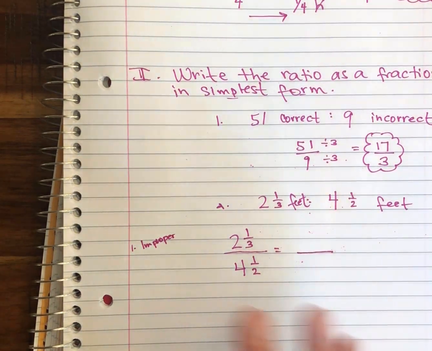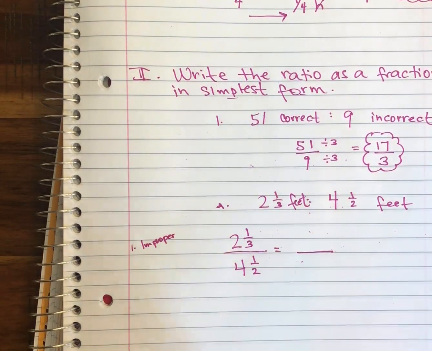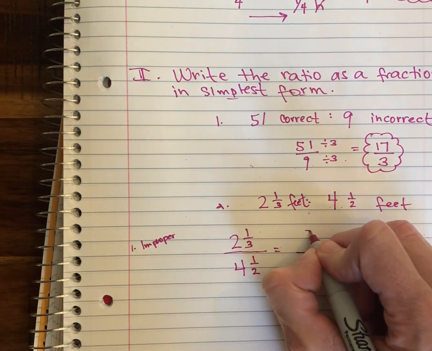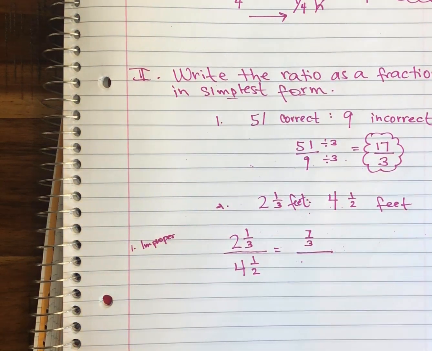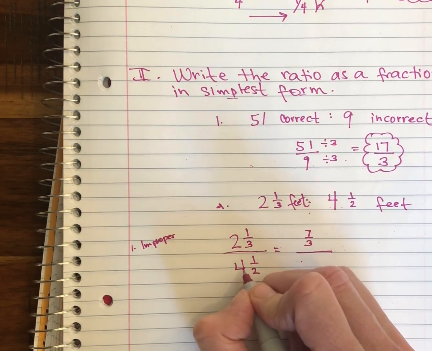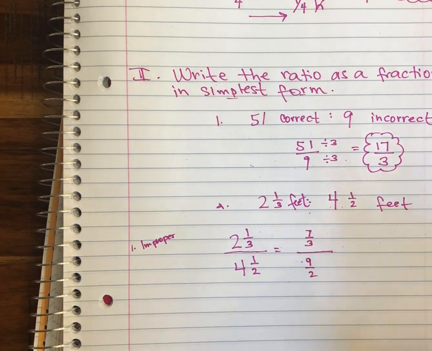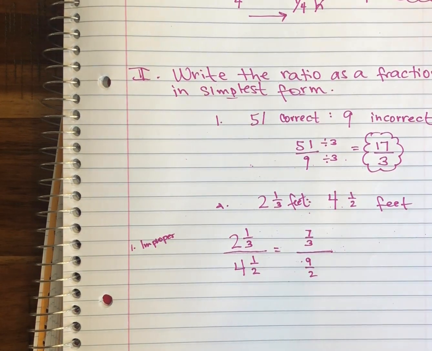You may have to watch this a couple times to get the hang of it. 2 times 3 is 6, plus 1 is 7 over 3. 4 times 2 is 8, plus 1 is 9 over 2. So we still have a complex fraction, fractions within a fraction.